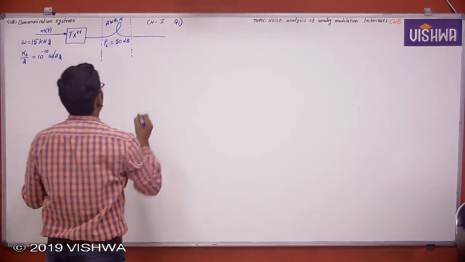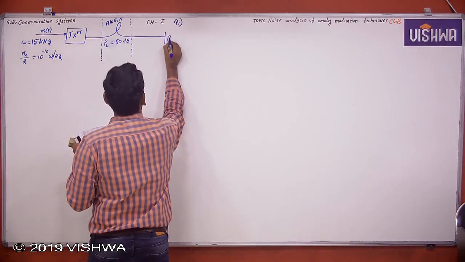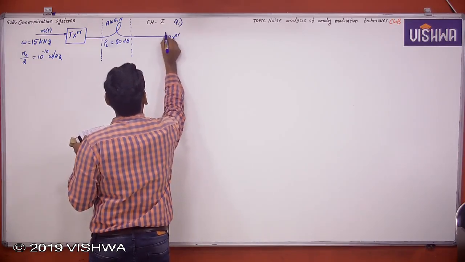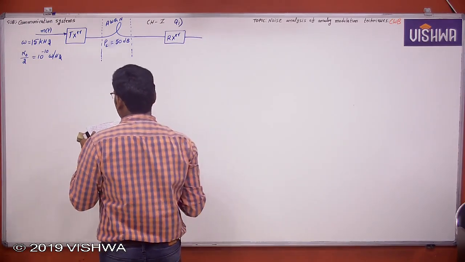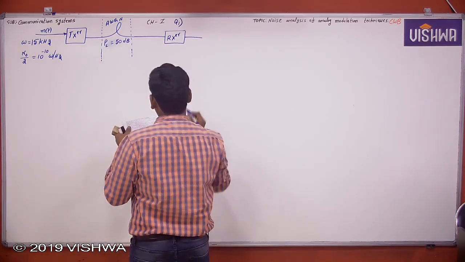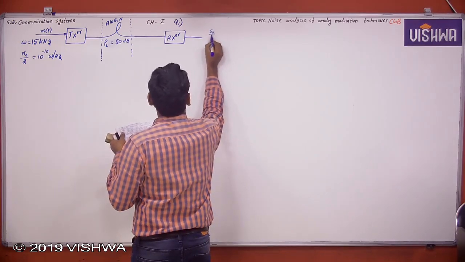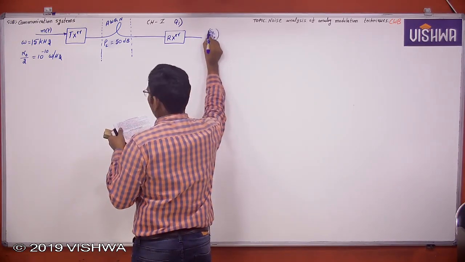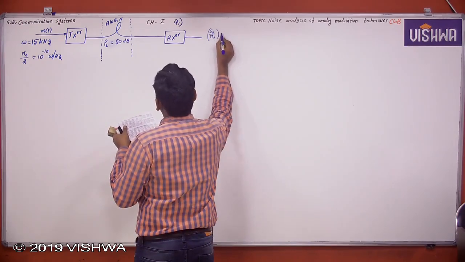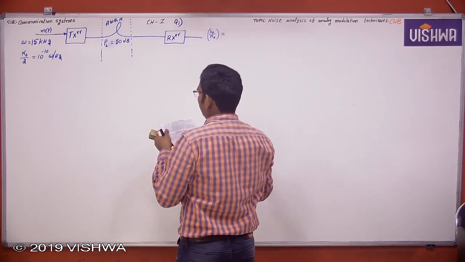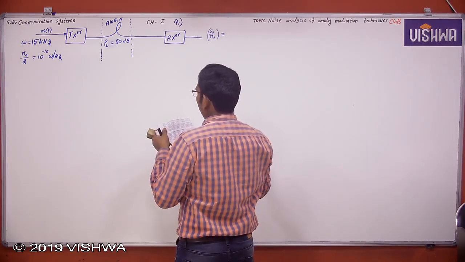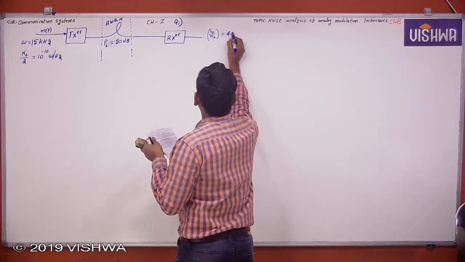The signal to noise ratio, and it is going to the receiver, demodulation process, the signal to noise ratio at the output of the receiver is 40 dB, right? 40 dB.